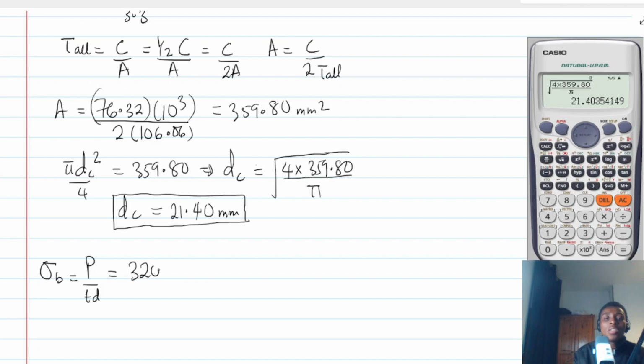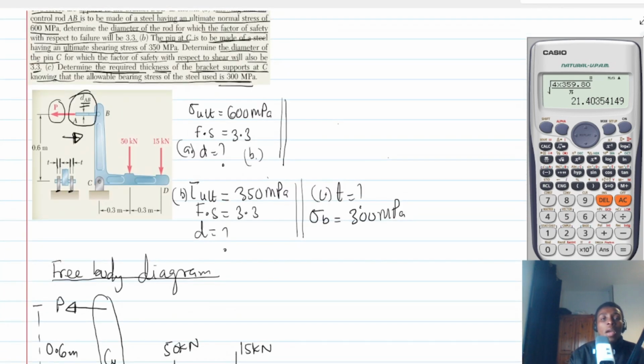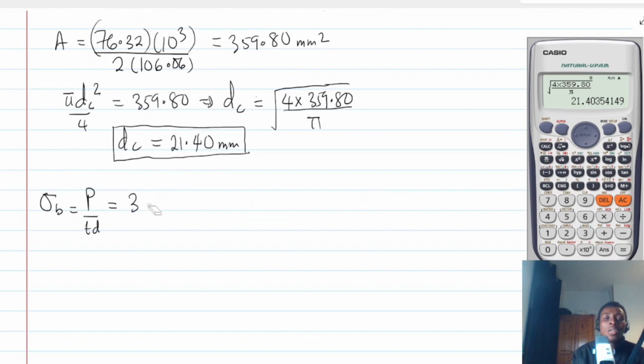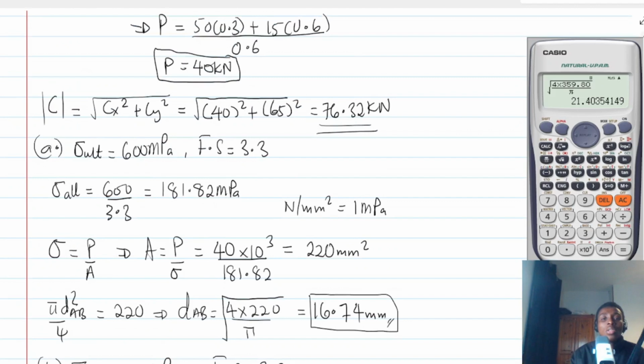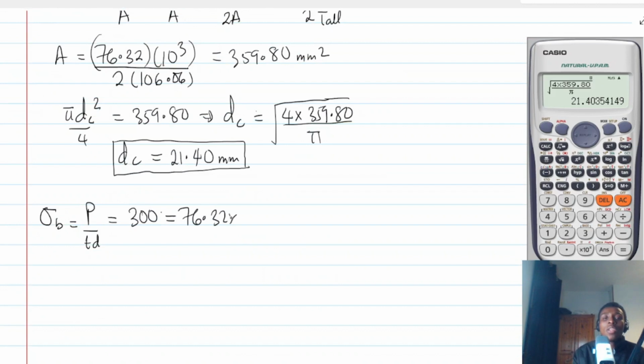So the bearing stress is 300, right? Yes, 300. So 300 should be equal to the load at C, which we calculated as 76.32 into 10 to the power 3, divided by the thickness, which we are interested in, multiplied by the diameter, which is 21.4.